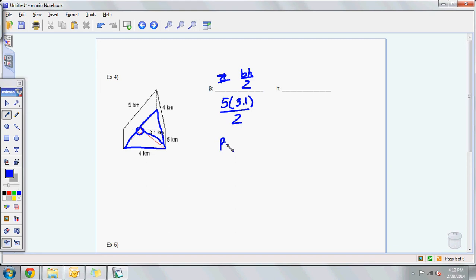So our base area is going to give us 6.2. Now the height of your whole prism, remember, is connecting this triangle to the top triangle, so that would be this little guy right here. So it's going to be 5. So I'm going to take 6.2 times 5, and our final answer is going to be 31 kilometers cubed.